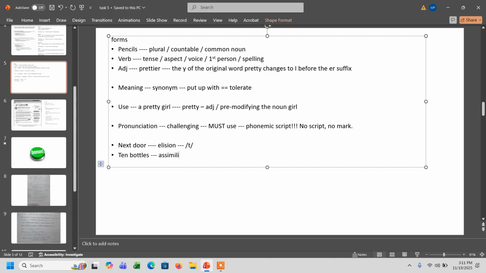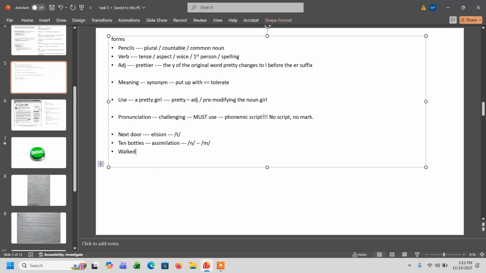There is the assimilation of the sound because of the neighboring sound. The sounds change to match the neighboring sounds. So the N sound becomes M. Okay, ten bottles. And another one is walked in, at the time.